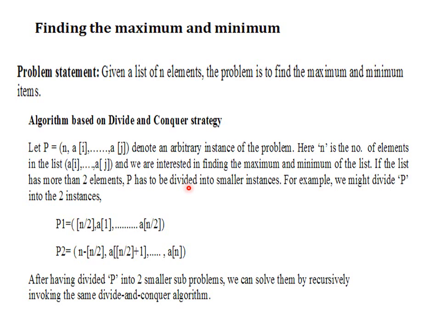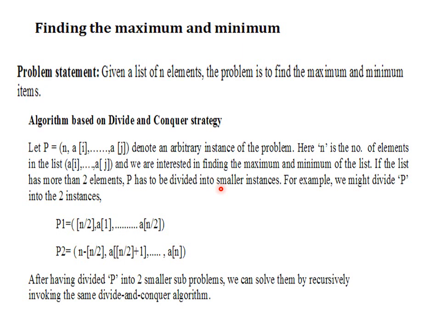In the first case, if the list contains only one element or one item, then we are sure that both the minimum and maximum value is the same item. No comparison is required here.